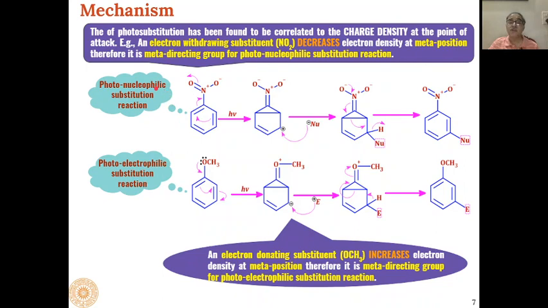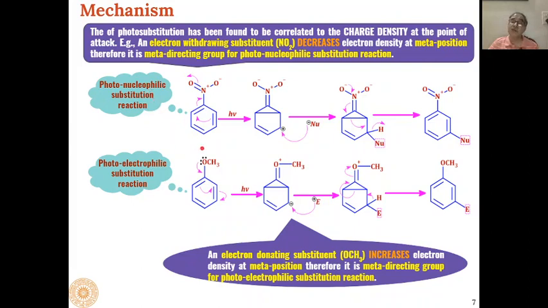So the nucleophile will attack at that position where there is more positive charge, whereas the electrophile will attack at that position where there is more negative charge, or electron density is more. Here the nucleophile will attack where electron density is less.